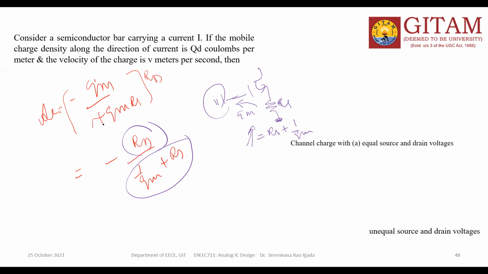All these CS stages are single stage amplifiers: CS stage with resistance load, diode connected load, current source load, active load, triode load, and now source degeneration. So all the things are over.